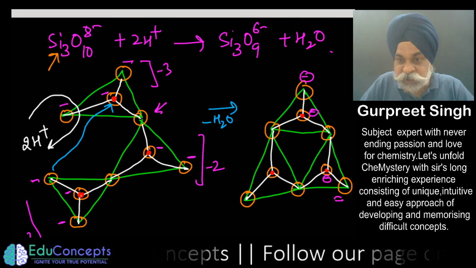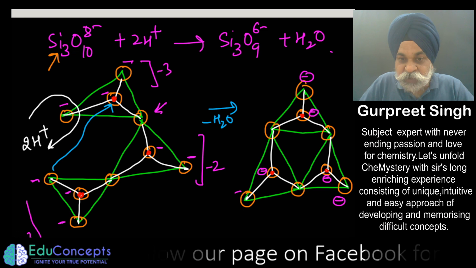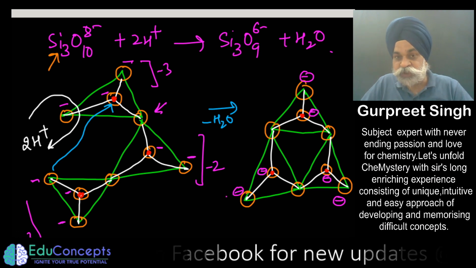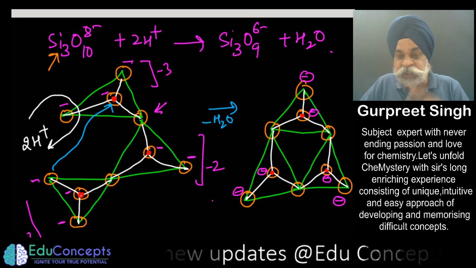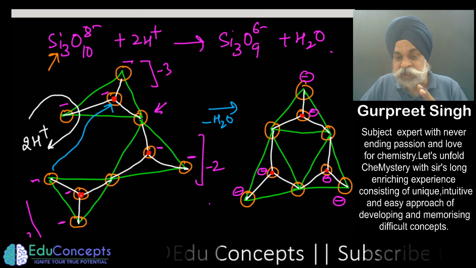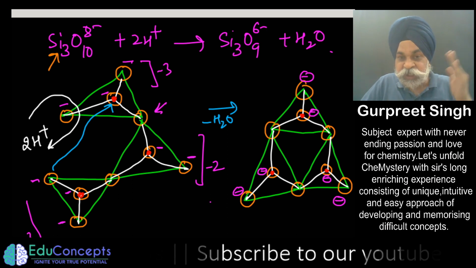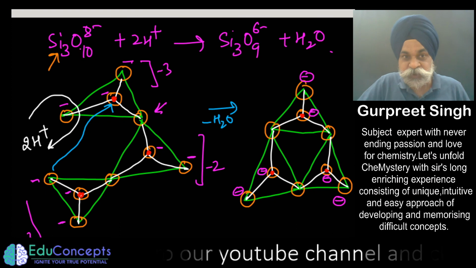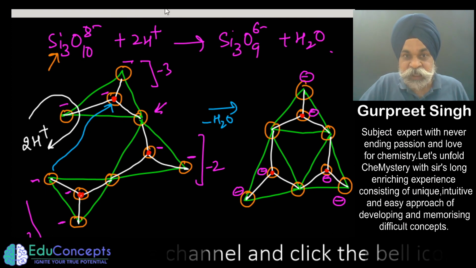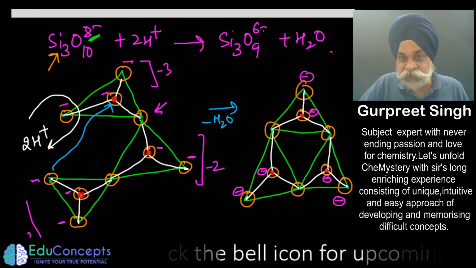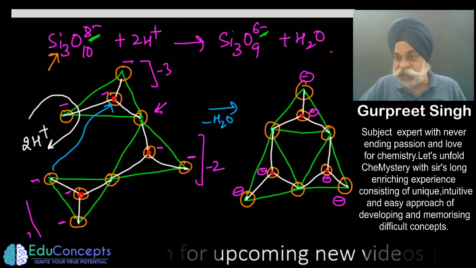Every tetrahedron is now having only two negative charges, because one oxygen has gone out, and once that oxygen has gone out with water, the charge got decreased by 2. So that is why from 8 negative it becomes 6 negative. This is very, very interesting.